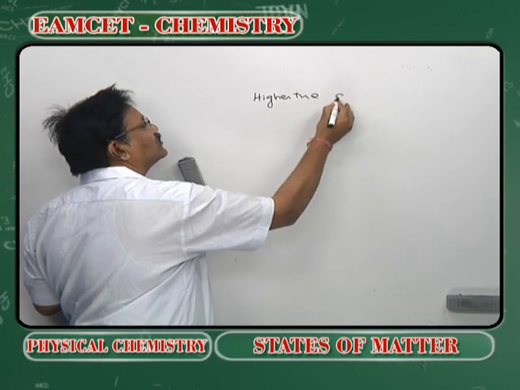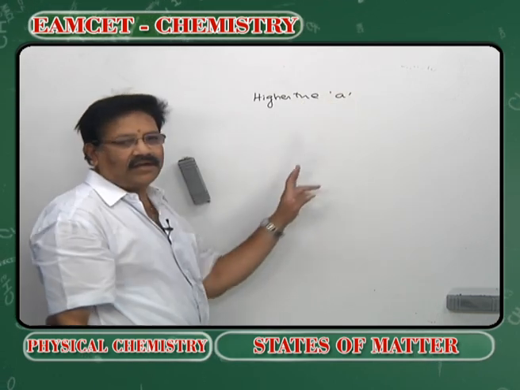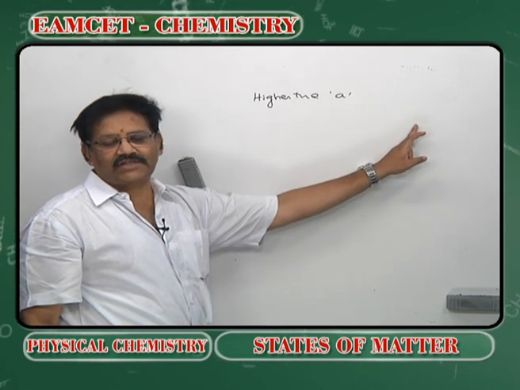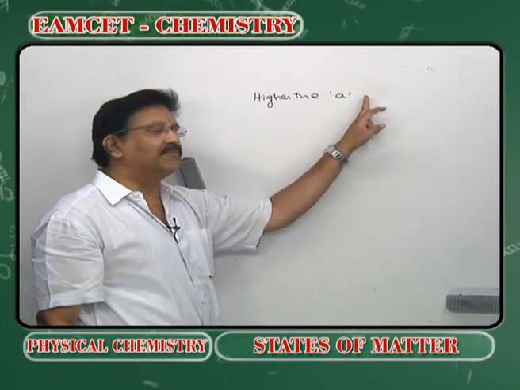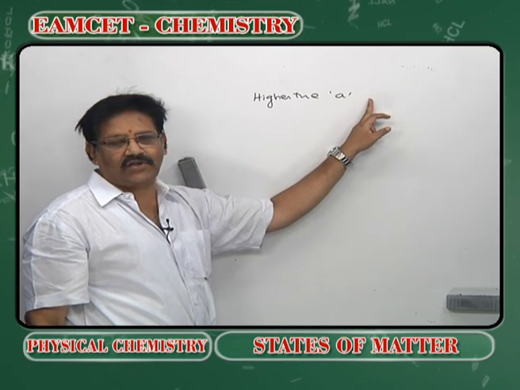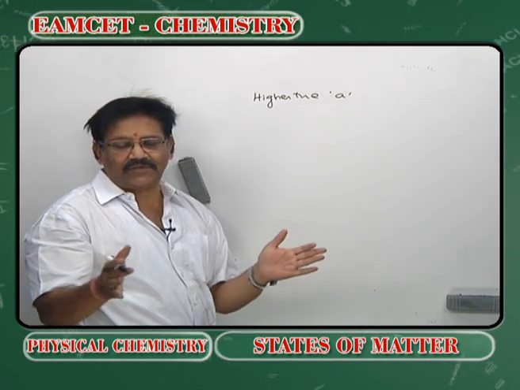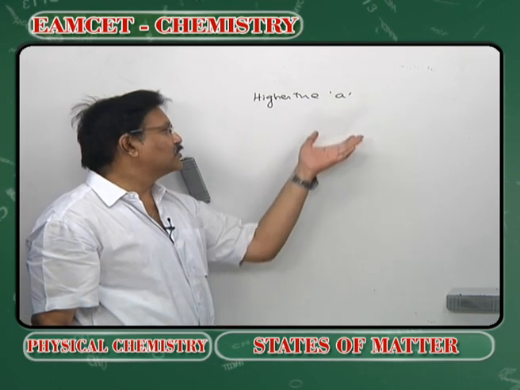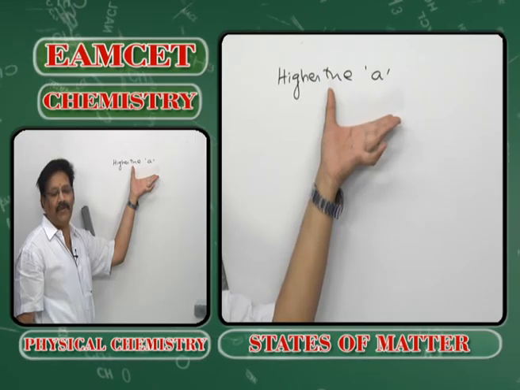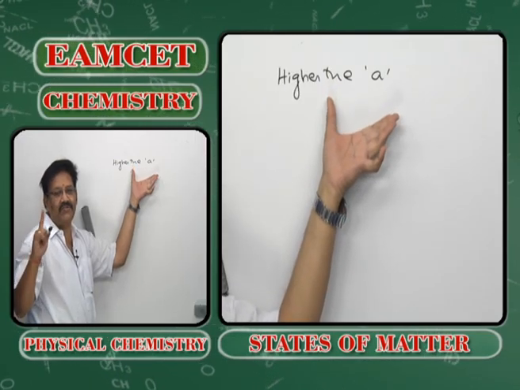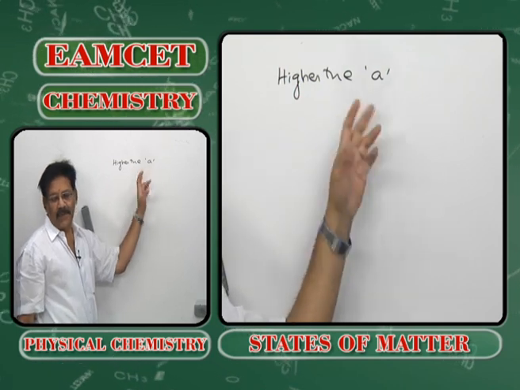Higher values of A indicate that intermolecular forces of attraction are strong. When intermolecular forces of attraction are strong, such gases can be liquefied easily. So for easily liquefiable gases, critical temperature will be maximum.